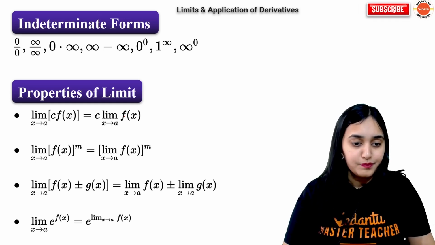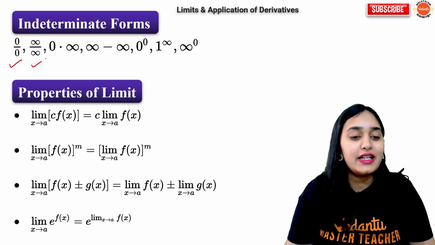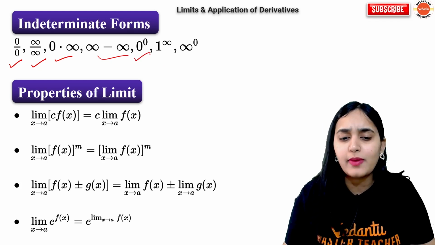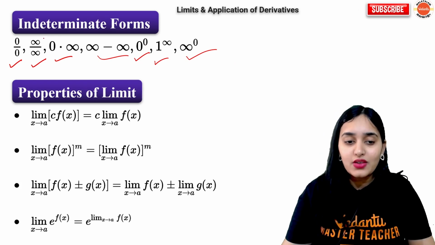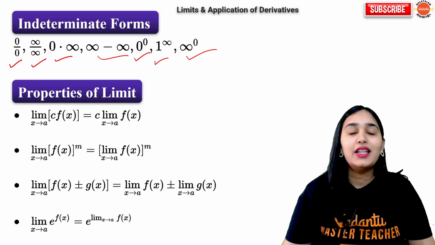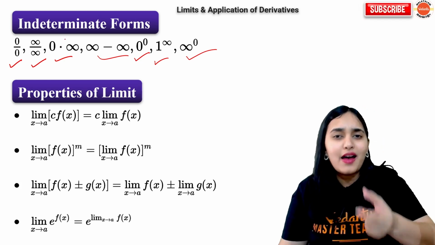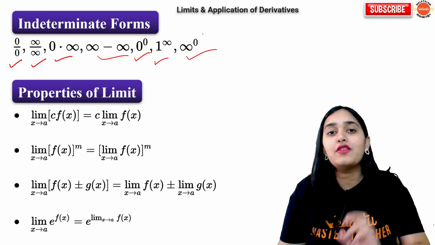First is, so whenever your function is of the form 0 by 0, infinity by infinity, 0 into infinity, infinity minus infinity, 0 to the power 0, 1 to the power infinity, or infinity to the power 0. In all these situations, the limits are called intermediate forms, and we have some methods to basically eliminate this form and to find out the limit.